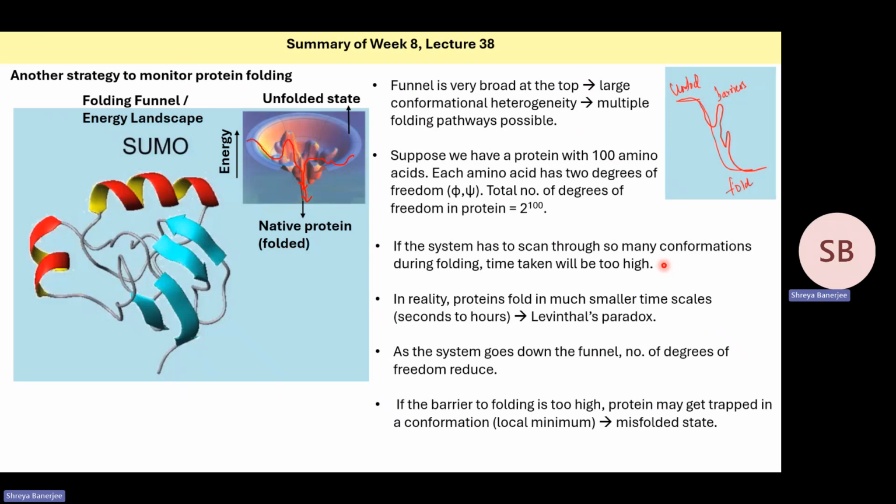It is impossible for the protein to scan through all of them. Normally, the protein folds in much smaller time scales, like seconds to hours, whereas scanning all 2 to the power 100 conformations would take an unimaginable, effectively infinite amount of time. But the fact that in reality proteins fold in much smaller time scales of seconds to hours is called Levinthal's paradox.